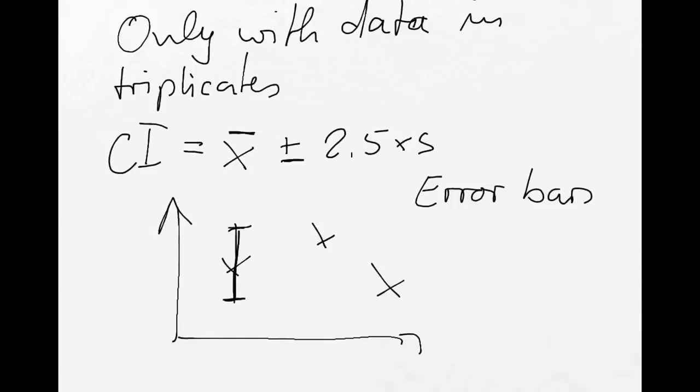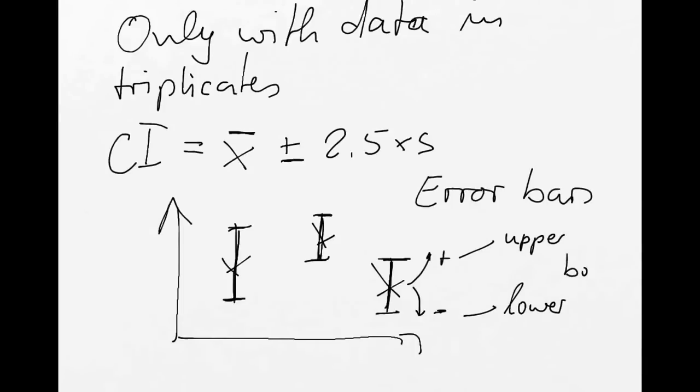We could have an error bar like that, and these are basically from the confidence intervals. So that would be this point plus, and this point minus here. That's the upper bound, and that is the lower bound. Okay?